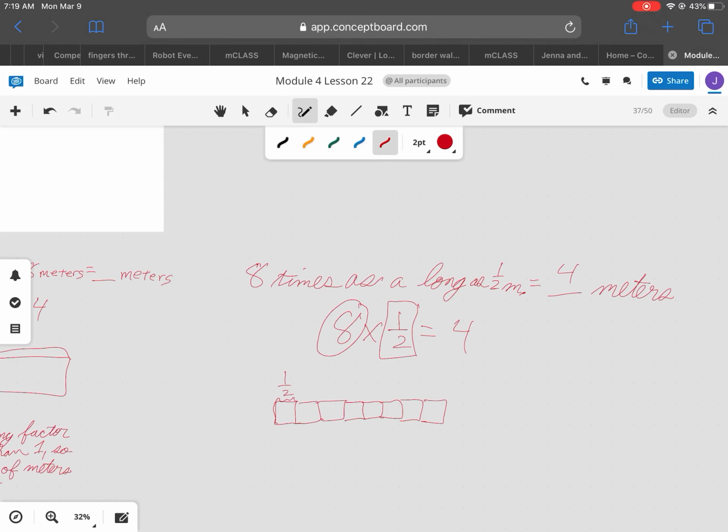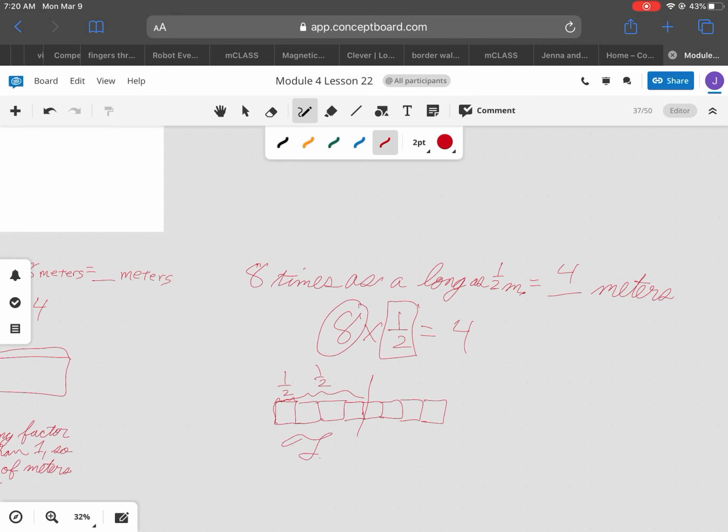The scaling factor is greater than 1, so the number of meters increases. How does this show 4? I don't know. That's a good question. Oh, it's showing 4 because half of that is 4.